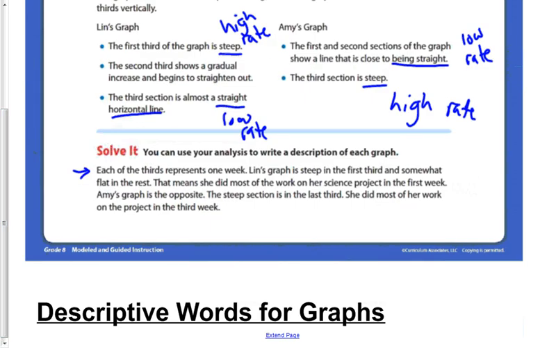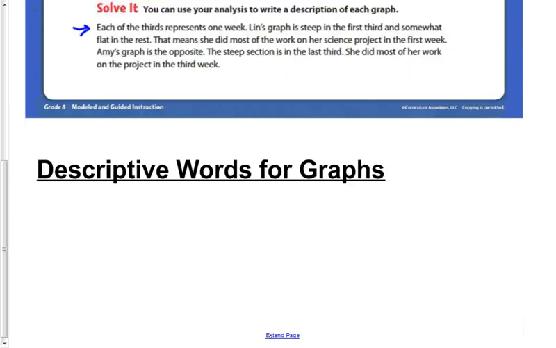And that's it. So when we're looking to describe things, we want to use some words like steepness and rate. Those are some key words that help us describe a graph based on what it looks like and also based on what it actually means. Some other words that we could use would be flat or level, leveling out.